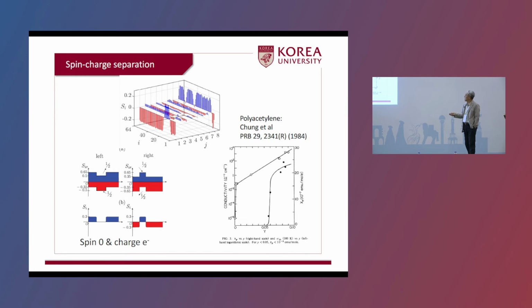But a strange thing happens here in this low-doped region. Conductivity increases, but spin susceptibility is 0. That means spin and charge act independently of each other. And something similar is happening in the disordered zigzag nanoribbon.